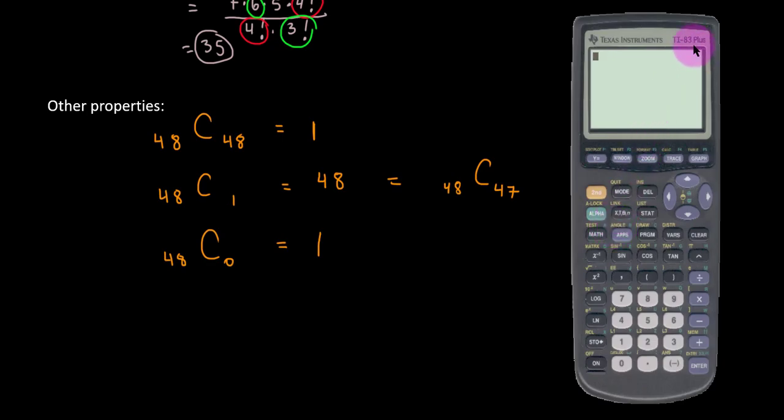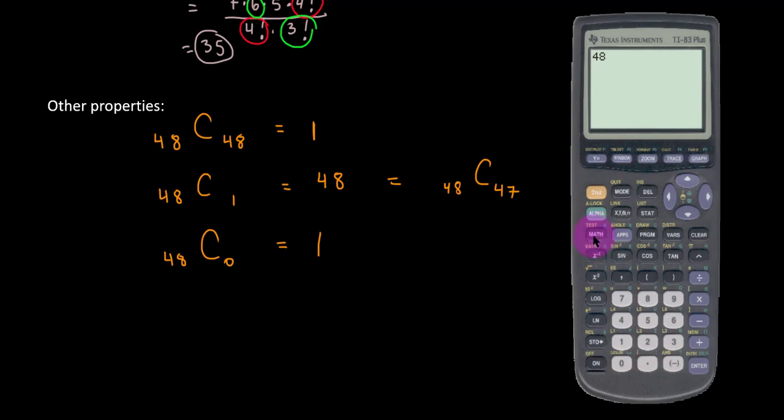Here I've got a virtual version of a TI-83, and this can apply to a lot of other TIs in its basic place where you can find this functionality. In this calculator, what I want to do is first type the large number. Start with 48, and I want to get to the math button.